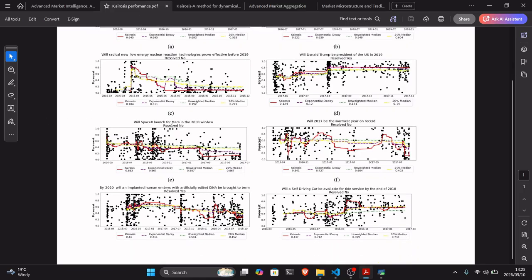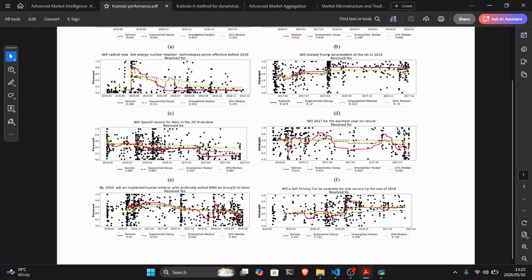Will SpaceX launch for Mars in 2018 window? Resolved no. Kairosis had a 67% probability that would happen. Exponential decay had an 87% probability. Unweighted mean had a 50% probability. And 20% median had about 86, actually 87% probability.